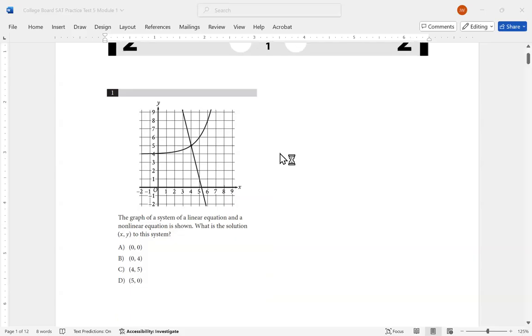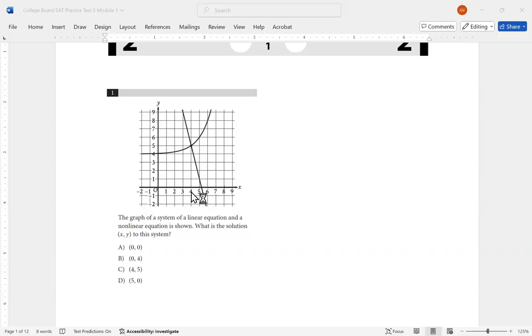Question 1 says the graph of a system of a linear equation and a nonlinear equation is shown. What is the solution, x comma y, to this system? All we have to do is know that a solution is where the two curves intersect, where the line intersects this nonlinear curve.